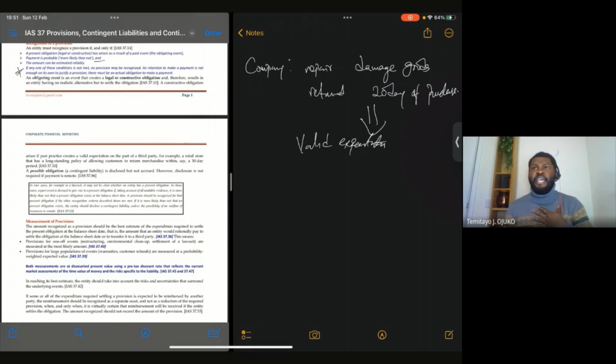So if it is not a provision, or if the three criteria of the provisions are not met, and there's a likelihood or a possible obligation, then it can be disclosed, right? However, disclosure is not required if payment is remote. So disclosure is not required if the possible obligation is going to occur, let's say, in 10 years' time. You don't have to disclose that because it's not useful information to users of financial statements.